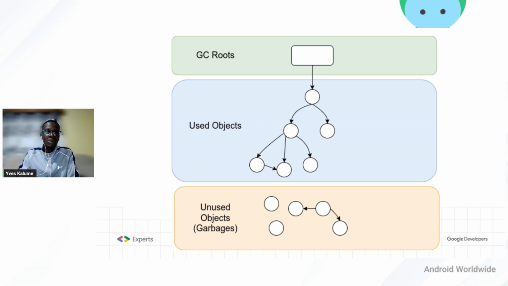And if a reachable object has a reference to another object, we can say that this other object is also reachable. And objects which are not reachable are garbage, and they're eligible for garbage collection.